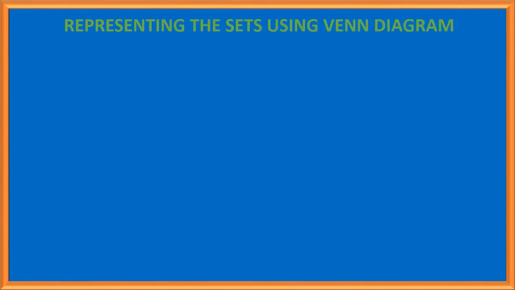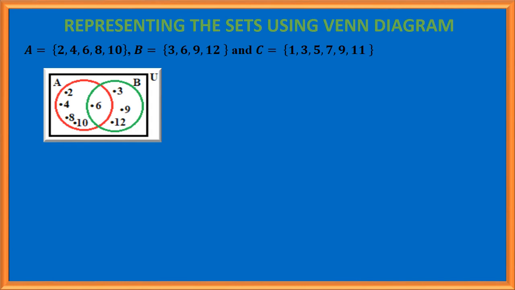So we can represent our results using the Venn diagram. So for the sets A, B and then C, we have this representing A intersection B, which has an element 6. So A intersection B will be this.